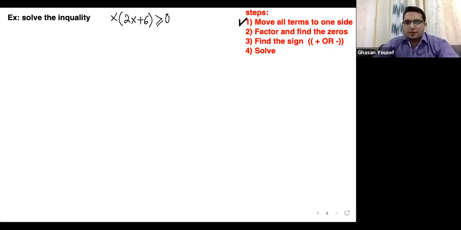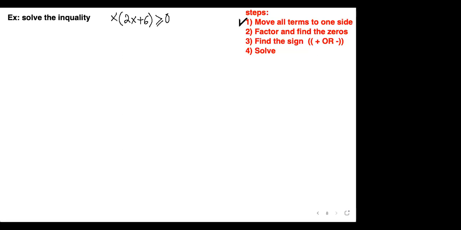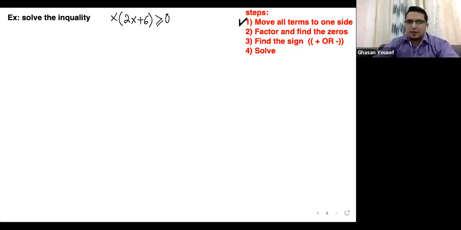Now, second step, factor. Is it factored already or not? Or do we have to factor it more? It is factored, some students said, but here we can factor the 2 also inside the parentheses, right? We can take the 2 outside.